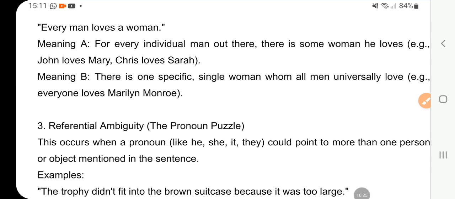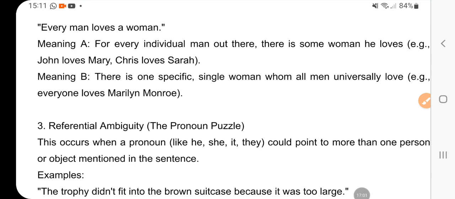There is Mina only. And the males are Tom, Dick, Jerry. So Tom loves Mina, Dick loves Mina, Jerry loves Mina. Then there are two interpretations. Every man, Tom, Dick, Jerry, loves a woman, Mina.